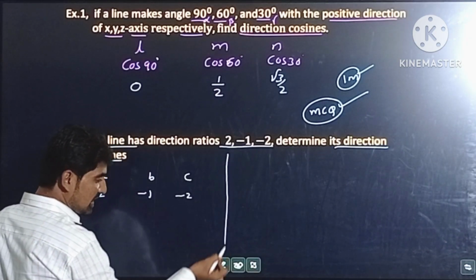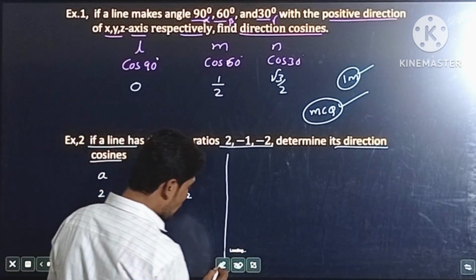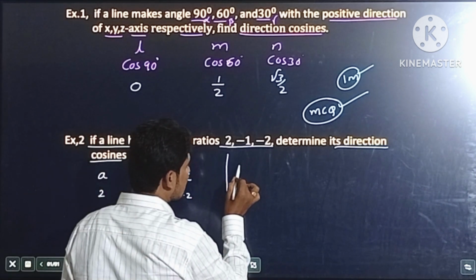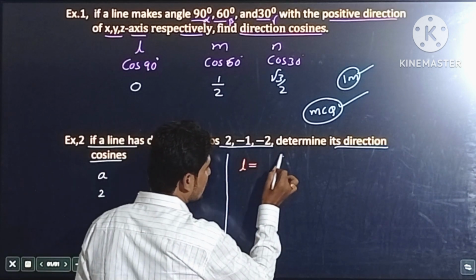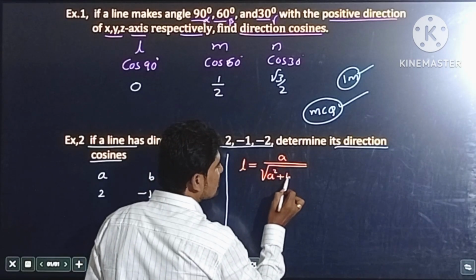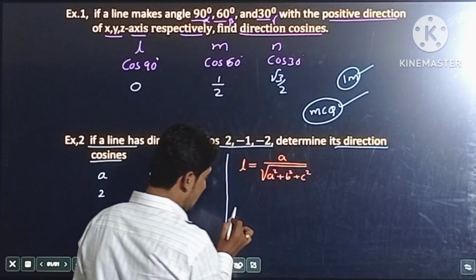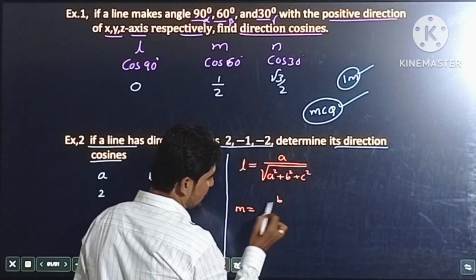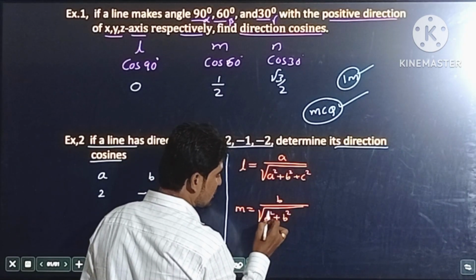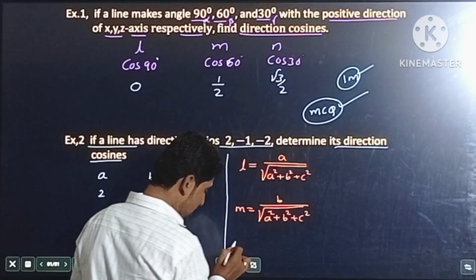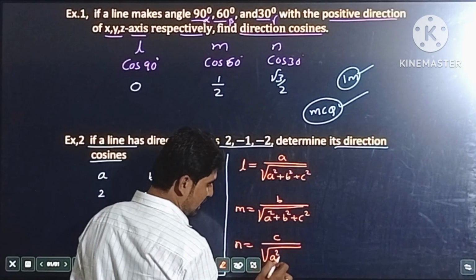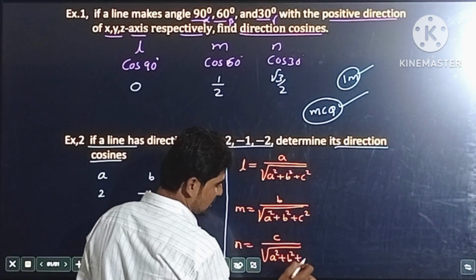When the direction ratios of a line are known, the direction cosine L is equal to A divided by square root of A square plus B square plus C square, and the value of M is equal to B divided by square root of A square plus B square plus C square. Similarly, the value of N is equal to C divided by square root of A square plus B square plus C square.